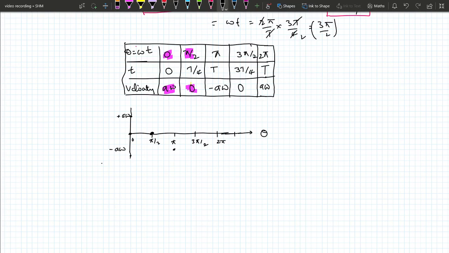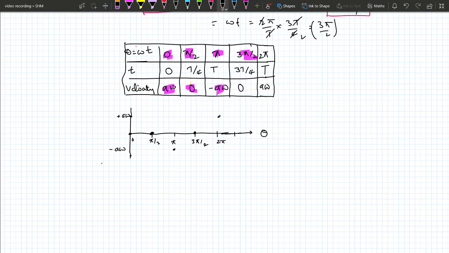After that I have 3 pi by 2 as 0. So 3 pi by 2 is here, it is 0, and I have to mark this as 0. And finally for 2 pi it is a omega.